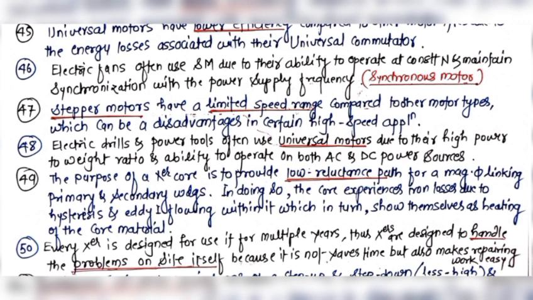The purpose of a transformer core is to provide a low reluctance path for the magnetic flux linking the primary and secondary windings. In doing so, the core experiences iron losses due to hysteresis and eddy currents flowing within it, which in turn show themselves as heating of the core material.